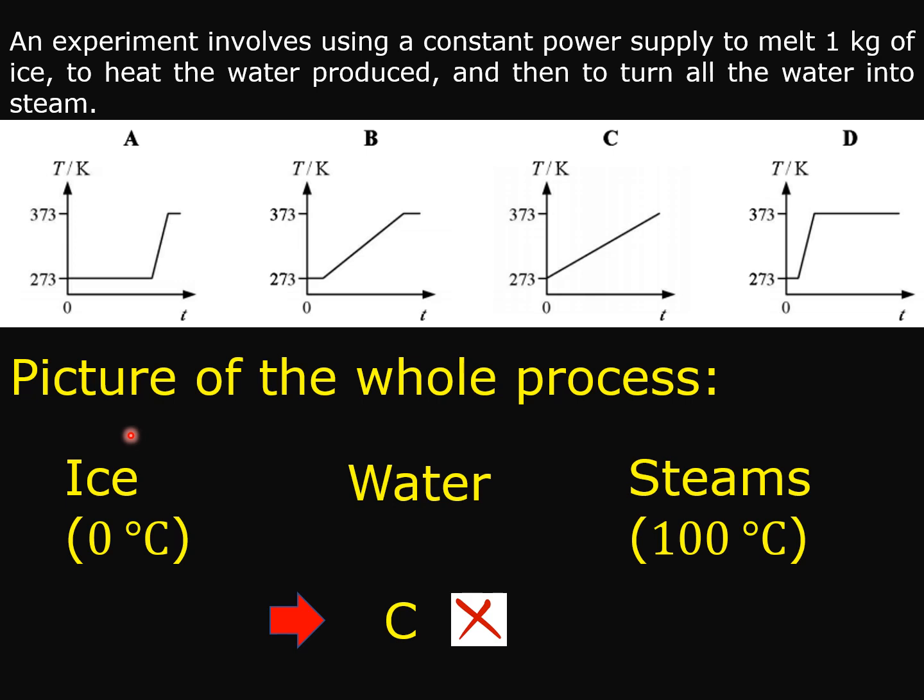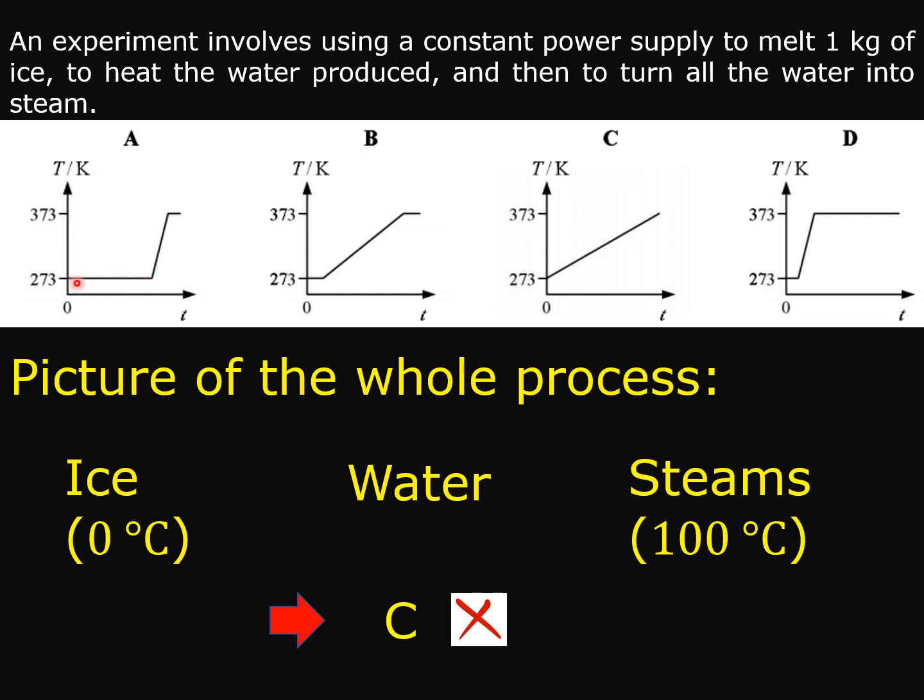Now, if we know that this system undergoes 3 stages, then we can check whether it is reflected in the graph or not. If we look at A, we can see that there are 3 stages reflected in the graph.